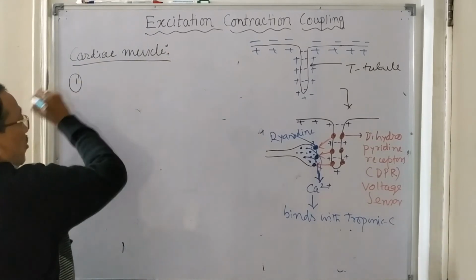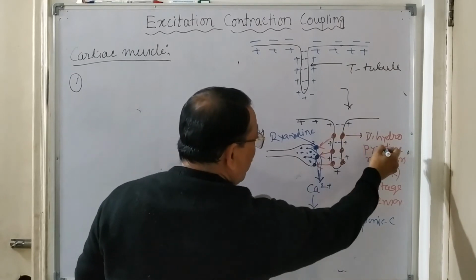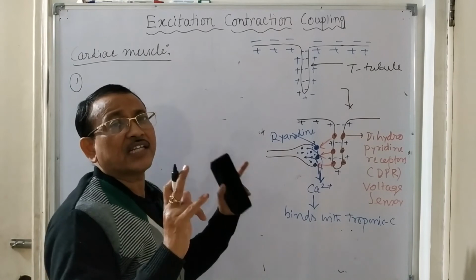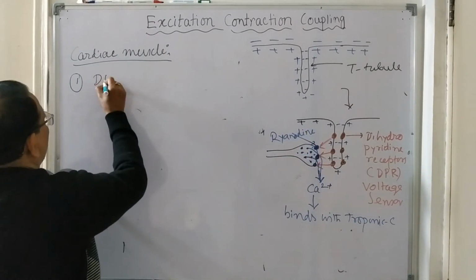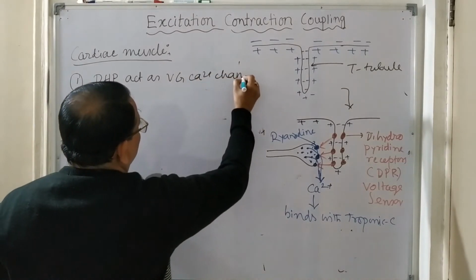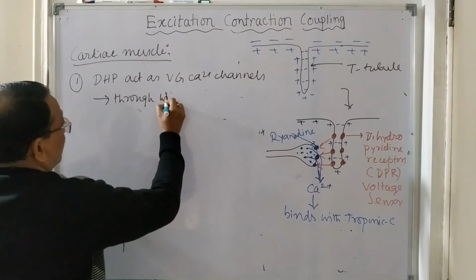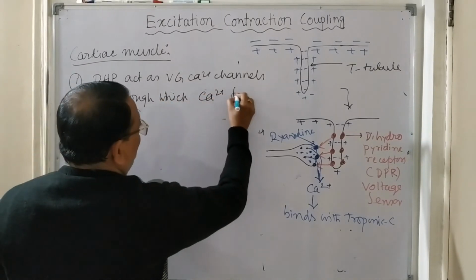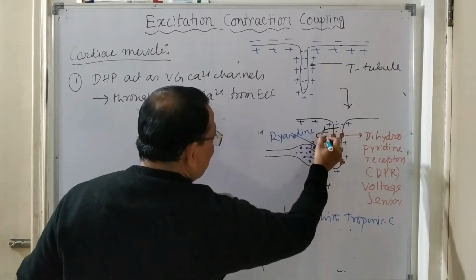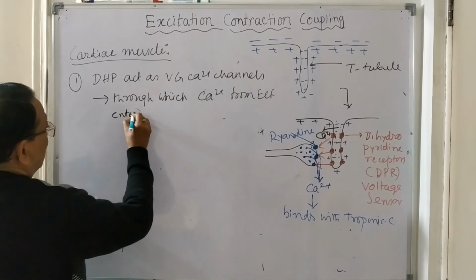There are some minor differences. The first difference is that in cardiac muscle, the dihydropyridine receptors act as voltage gated calcium channels through which calcium ions from the extracellular fluid enter the sarcoplasm.